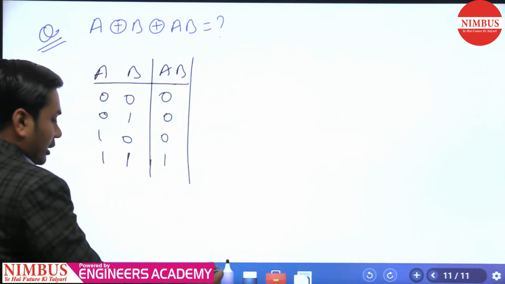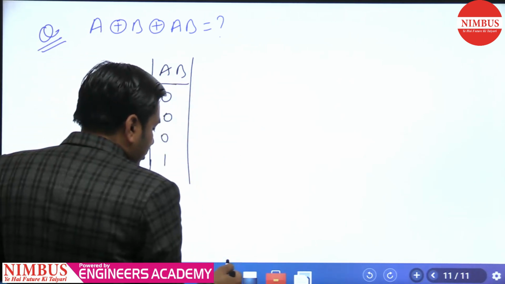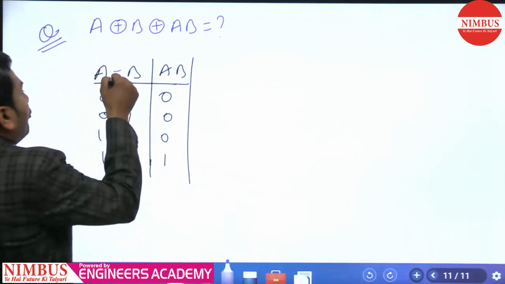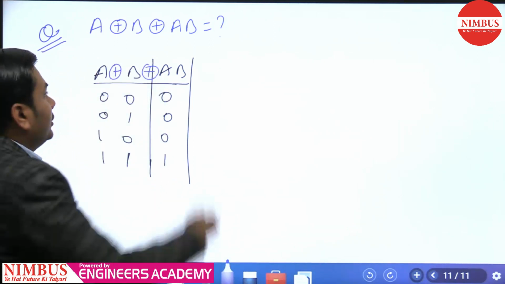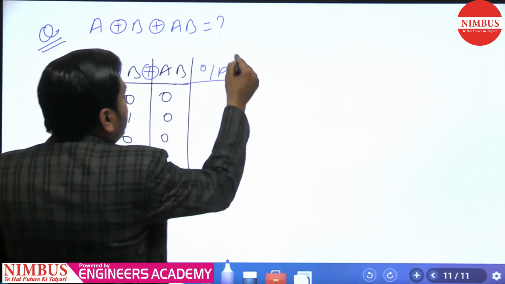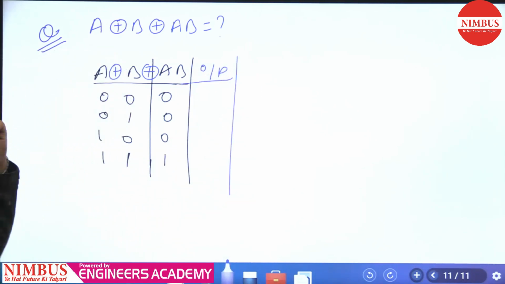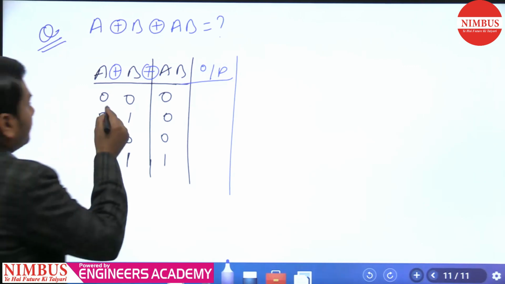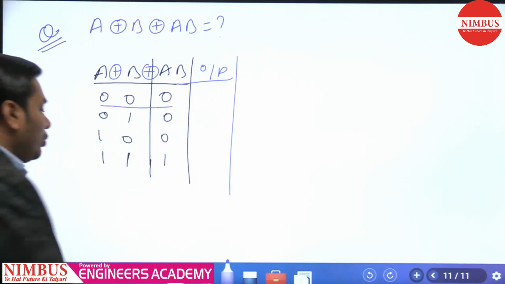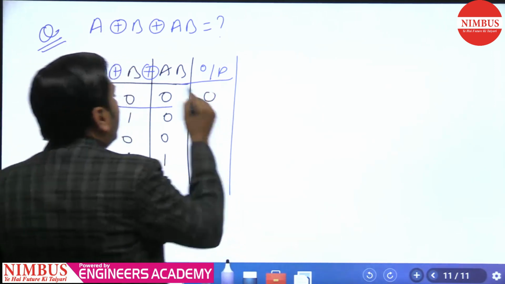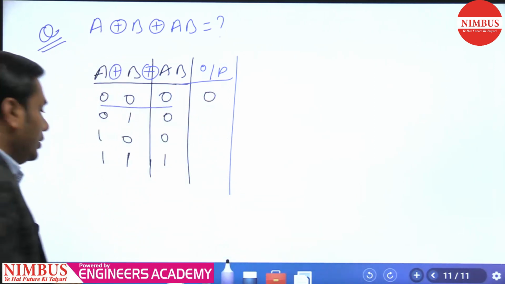When we have a requirement to perform a XOR, that is our output. We know that when all inputs are at logic 0, that means the output is 0.